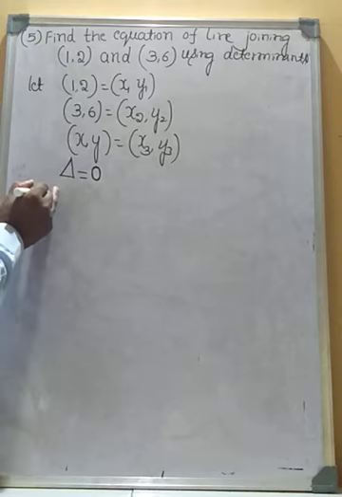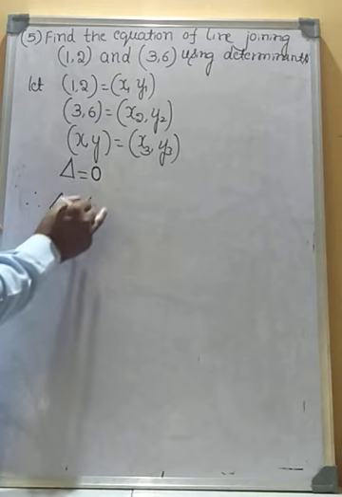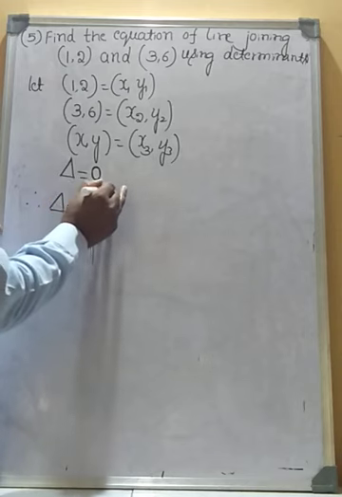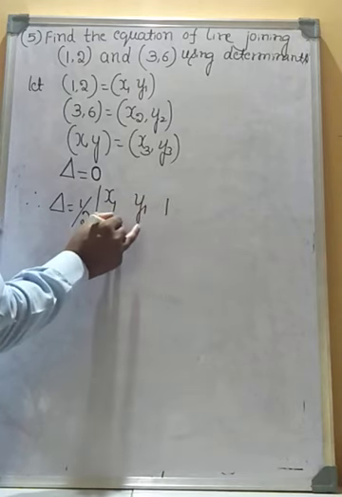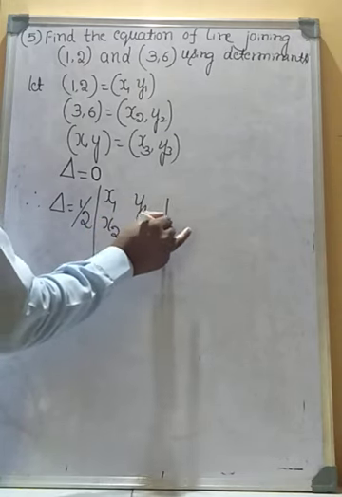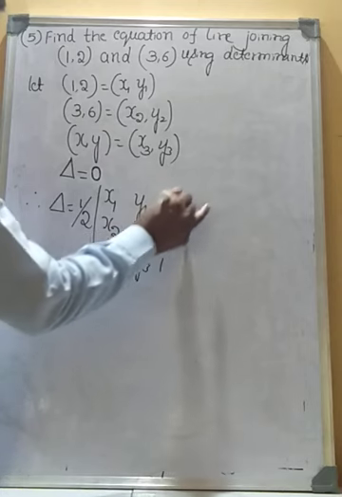So the area of a triangle delta is equal to 1 divided by 2 into determinant of x1 y1 1, x2 y2 1, x3 y3 1.